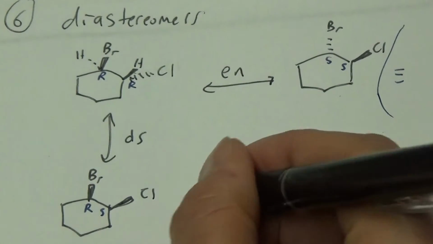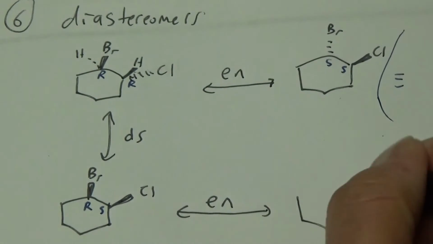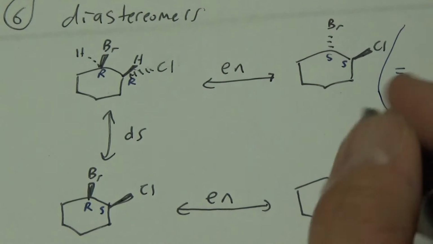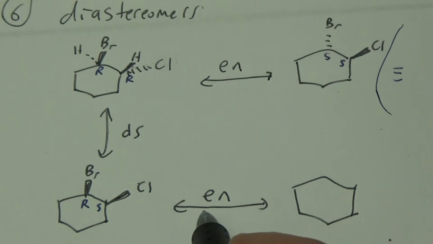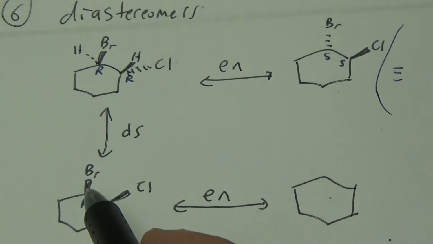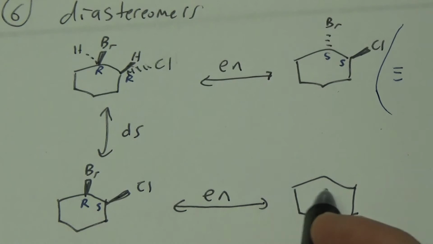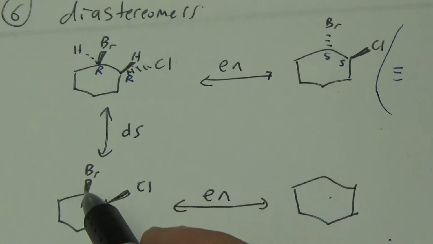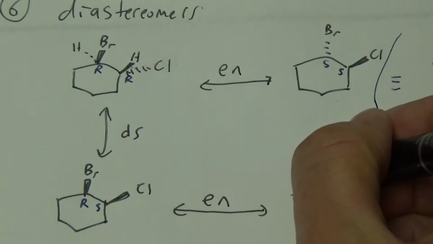This molecule must have an enantiomer. RS, the enantiomer must be SR, and we'll keep this oriented the same and just have the Br go from wedge to dash.